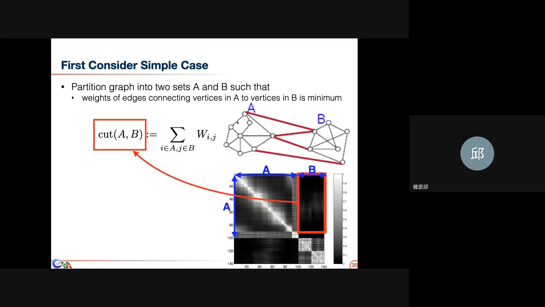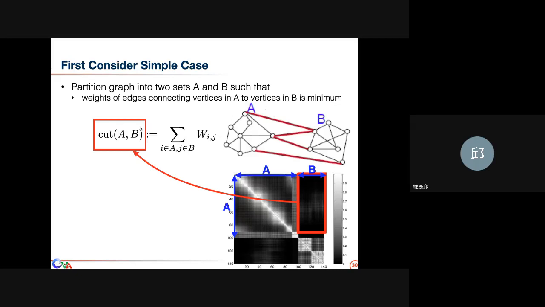In other words, we would like the data points across A and B to be dissimilar to each other. That is why we would like to minimize the weight of the edges connecting across A and B. For instance, in this similarity graph, we would like to minimize the summation of those edges connecting across group A and group B.